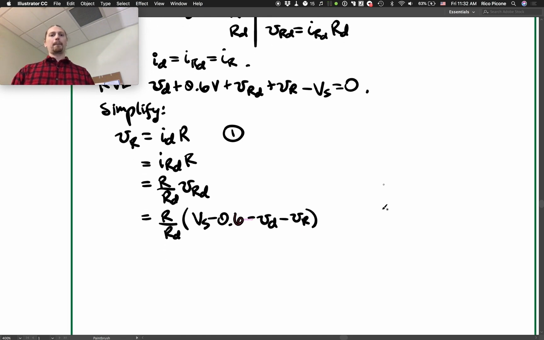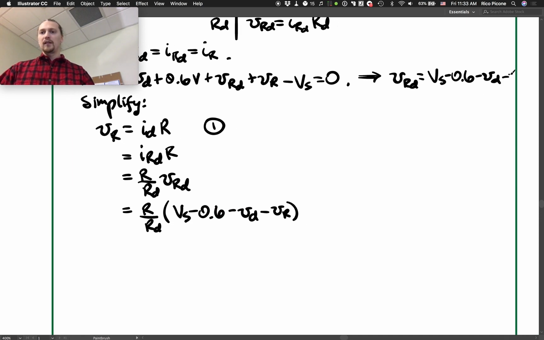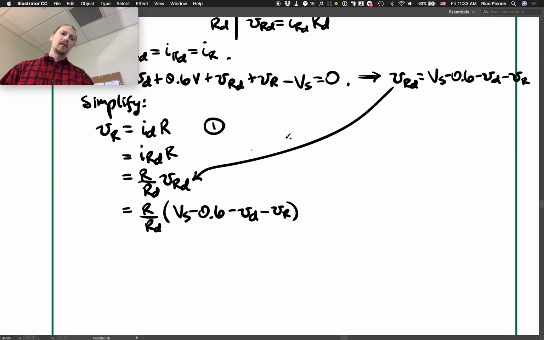I lost from VRD, not VR, right? No. Because we just substituted in for VR. So we took VR, we solved this for VRD. And if we solve that for VRD, it's equal to VS minus 0.6 minus VD minus VR, right? And then we just took that and inserted it in there and got this expression.